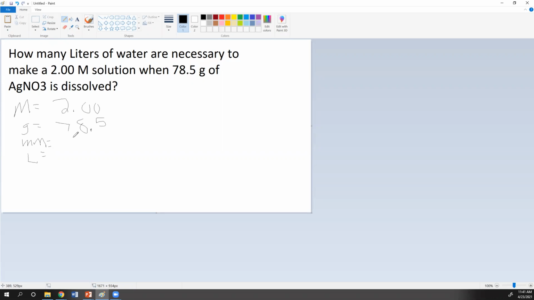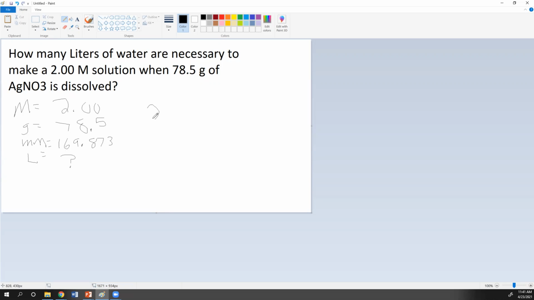It's the molar mass of the solute. 169.873. How many decimal places does silver have? 3? Okay, I thought it only had 2. So I did whatever silver was plus what nitrogen is plus oxygen times 3. And my liters is my question mark.